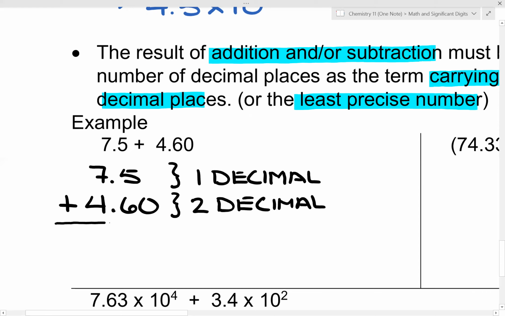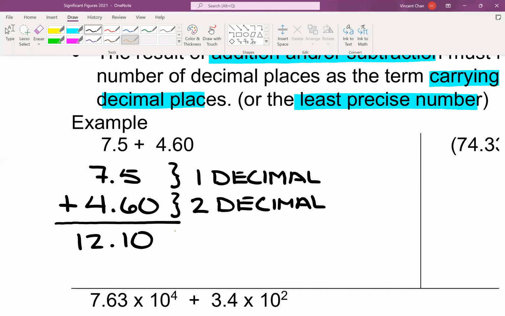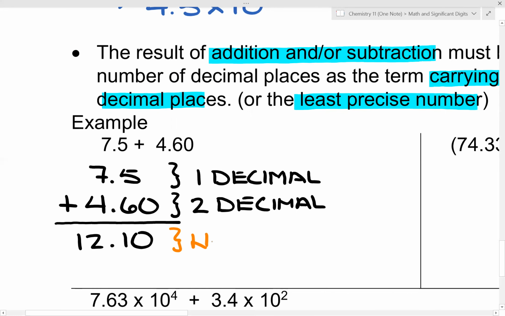So if I were to add this up, this would be 12.10. And in this case, I need 1 decimal. Why? It's so that it matches up with the first number that has 1 decimal.